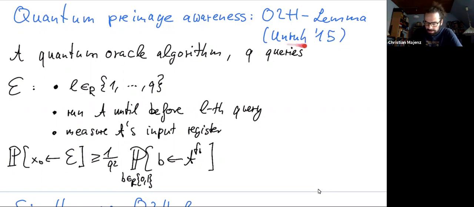And what Unruh proved about this extractor algorithm is that it succeeds with probability 1 over Q squared times, actually this should be the distinguishing advantage, so 2 times that minus 1, I guess. So here again, we have the success probability of the extractor related to the distinguishing advantage of the decision algorithm.